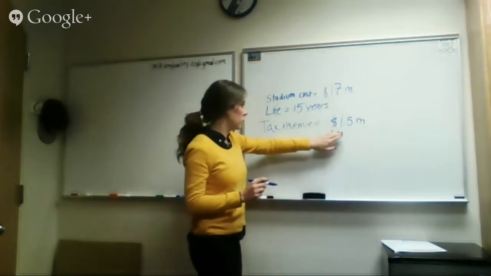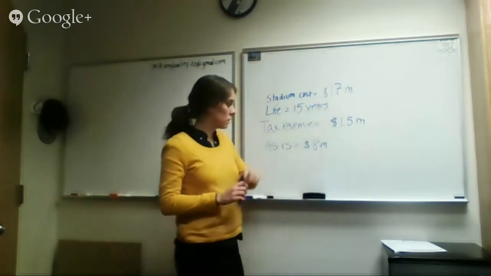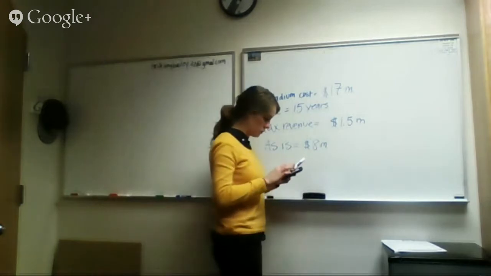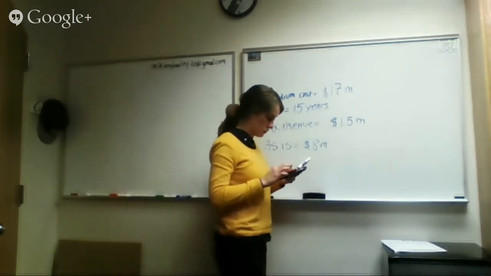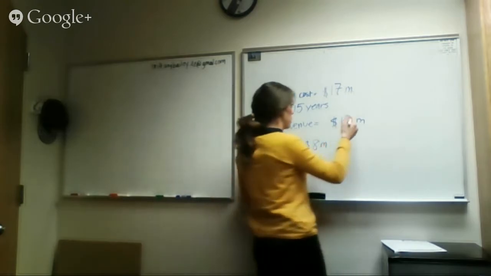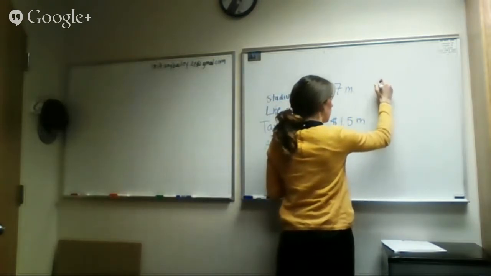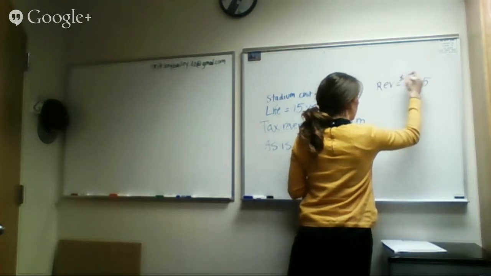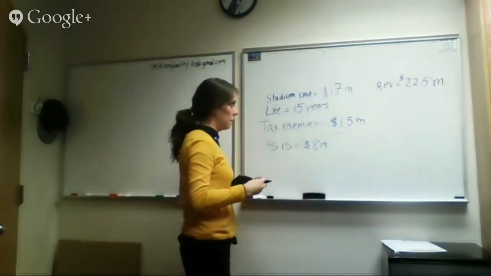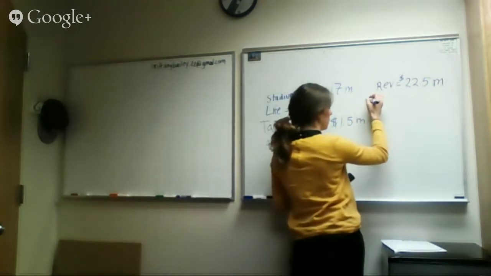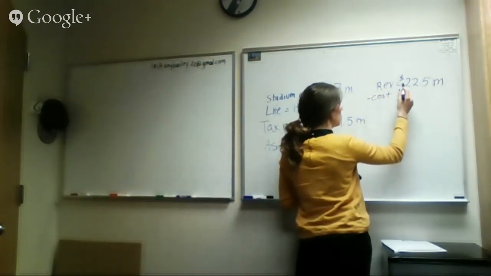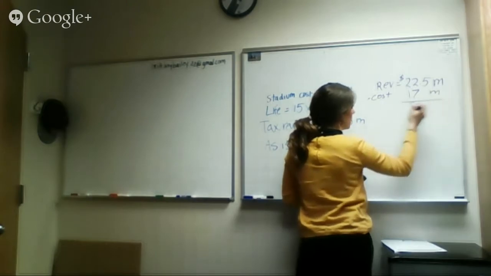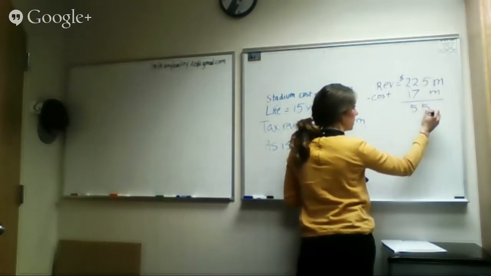So the revenue it will bring in will be 1.5 million times 15 years, so it'll be $22.5 million, minus the cost of building it, which is 17 million, for a total accounting profit of $5.5 million.